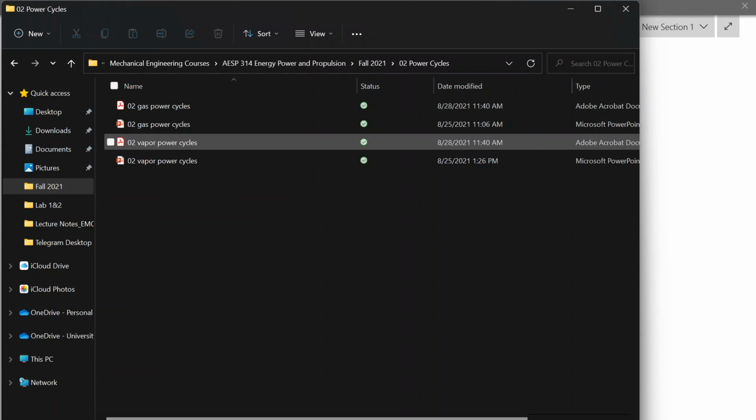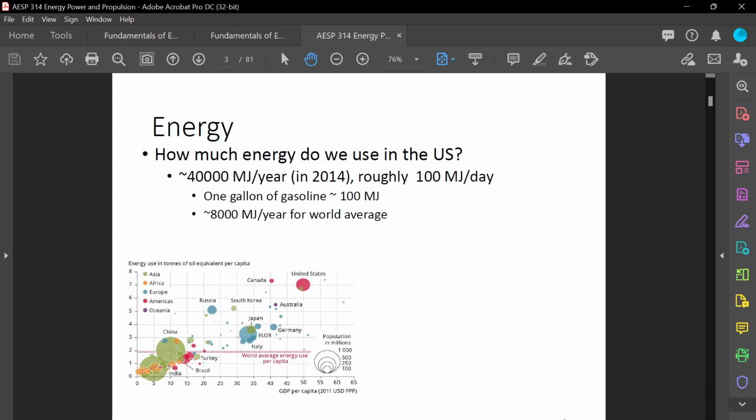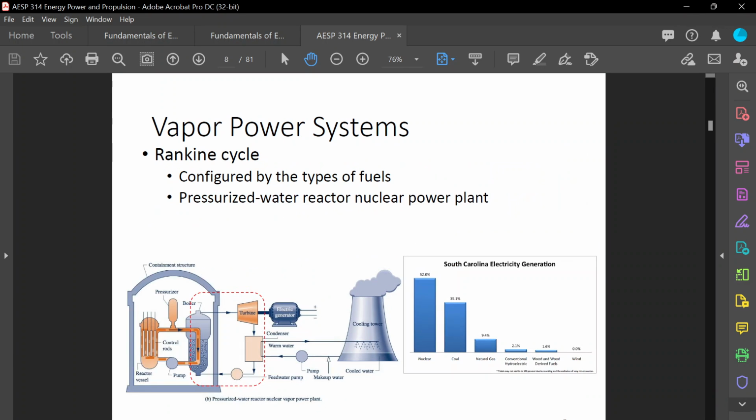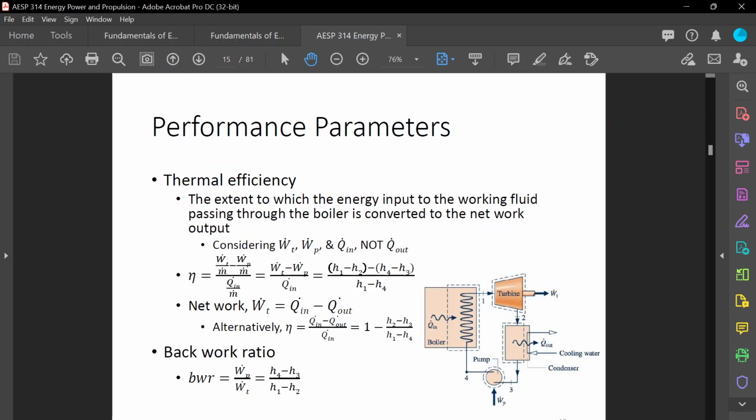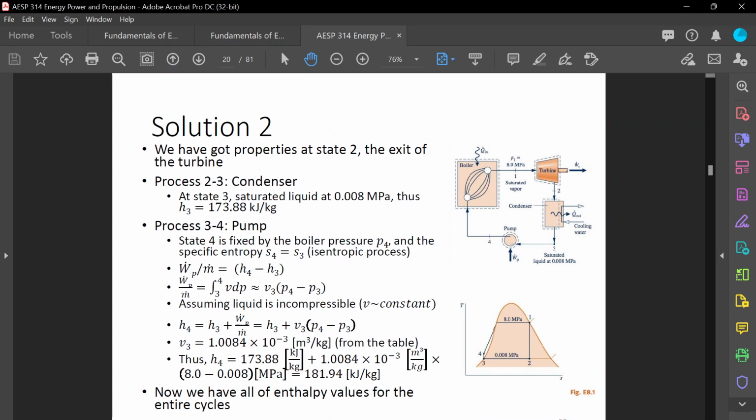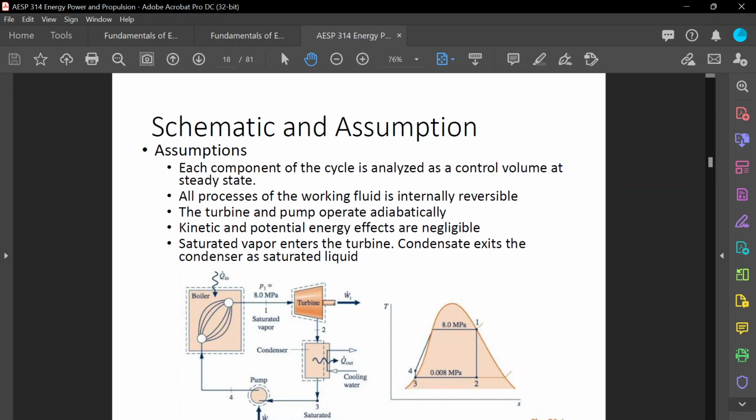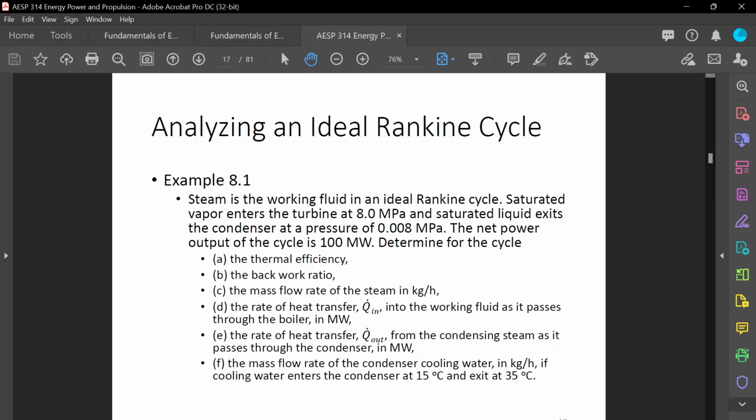Let me bring up this example in the Moran book, the thermodynamics book. So we are given, do we have the thermodynamic tables? Is there anyone who has the thermodynamic tables?